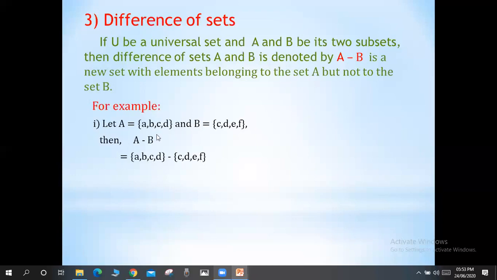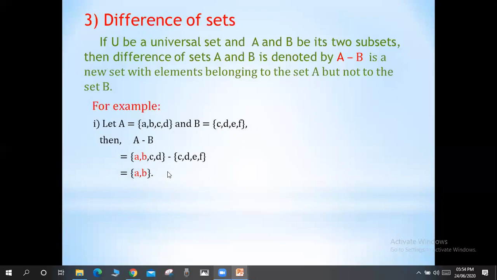Yes, they are overlapping sets. C, D are common in both. So C, D are not elements of only A. So A, B are the only elements of A.